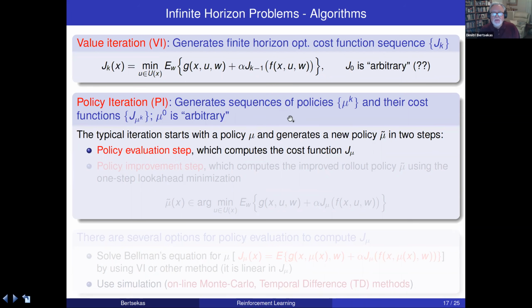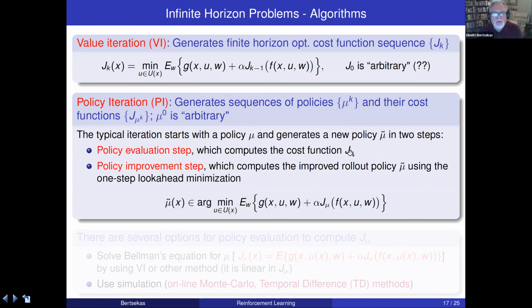And the typical iteration starts with a policy and generates a new policy, and does so in two steps. One step is policy evaluation, which computes the cost function of this policy that we started with, this J mu. And now I'm giving you the algorithm in its exact form, okay? So it calculates this J mu function. This is the cost function of the policy that applies mu all the time at every stage.